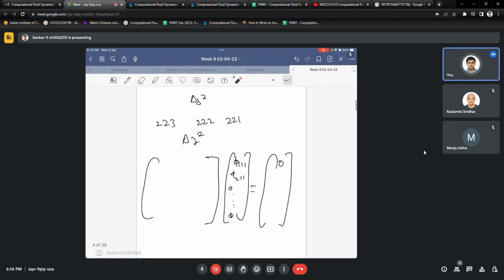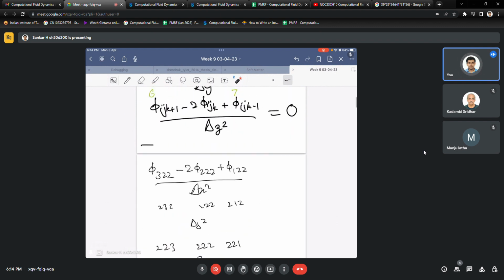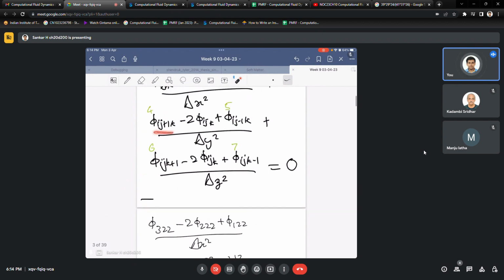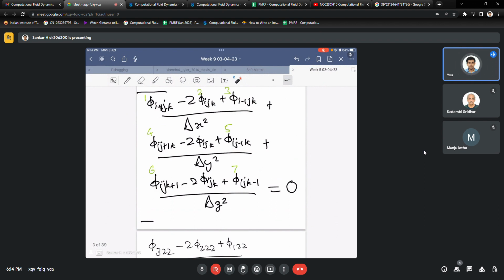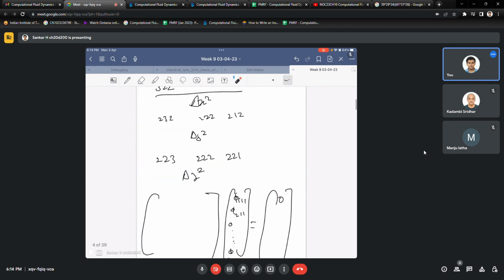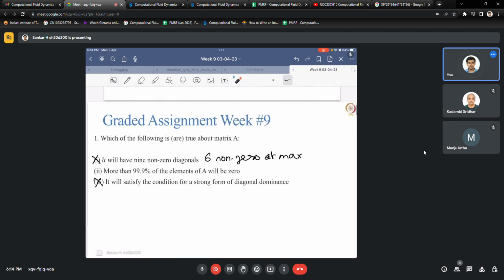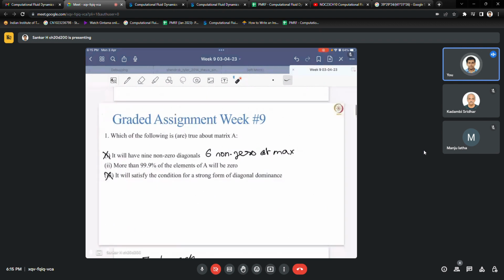Whereas if we have a center point or interior point, it will be obeying the weak form of diagonal dominance, wherein we can equate the sum of the coefficients over here to this one. Therefore this statement is true only for interior points and not boundary points.